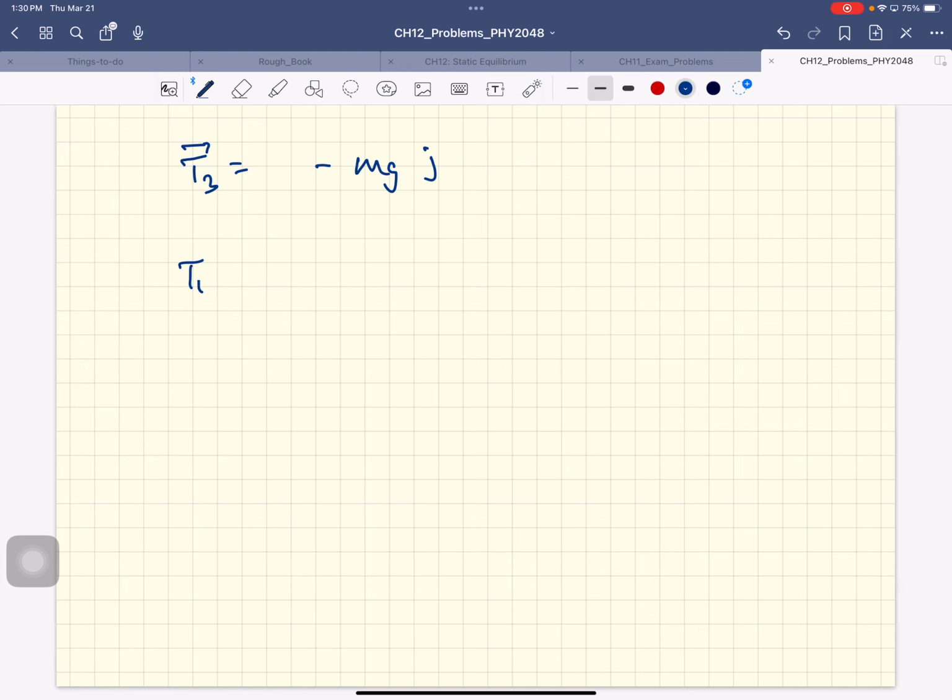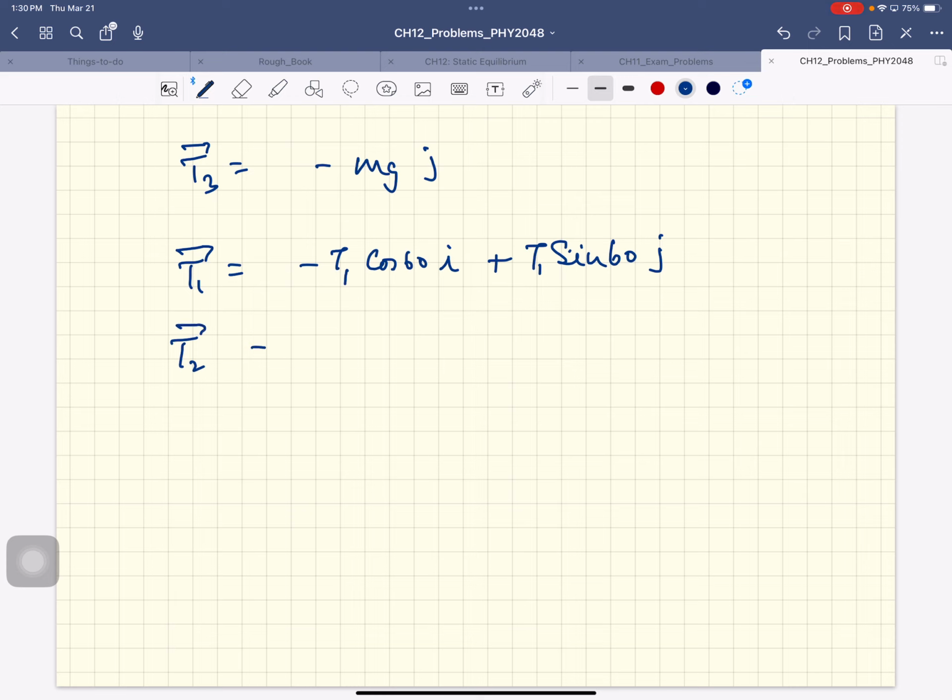So T1 is minus T1 cosine 60 i, where T1 is the magnitude, plus T1 sine 60 j.